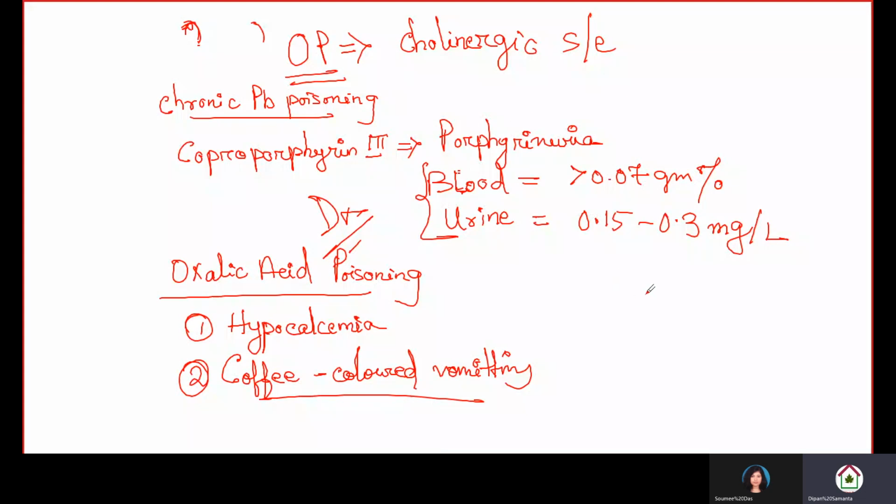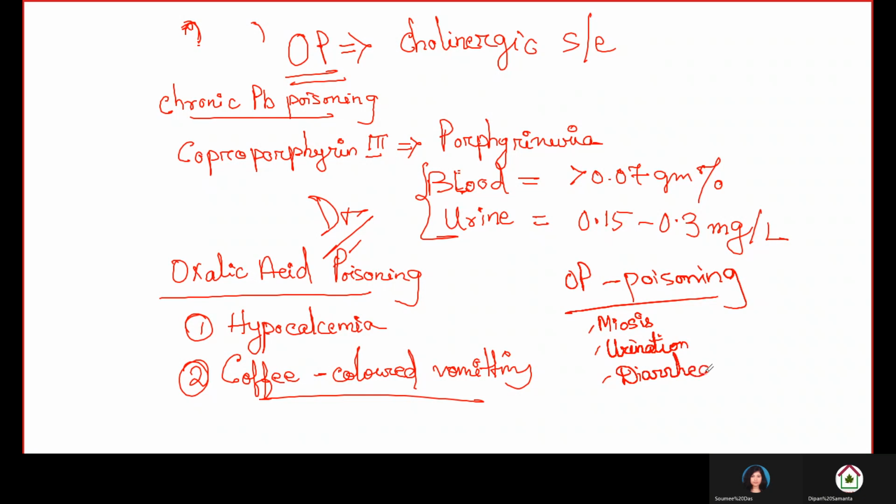So always remember, what are the features we have for OP poisoning? Number one, miosis. Then urination, diarrhea, then diaphoresis, lacrimation, excitation, salivation.